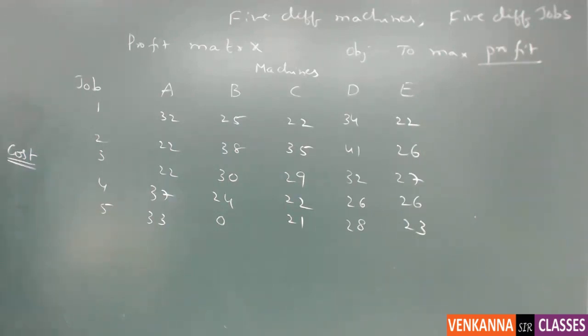Please understand that solving the problem is as usual. For each row, take the minimum value. In the first row, the minimum value is nothing but 22. You subtract 22 from the first row and so on. After performing row reduction, you simply perform the column reduction. From each column, take the smallest value and subtract it from the other entries, right?